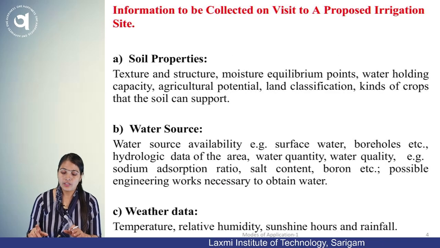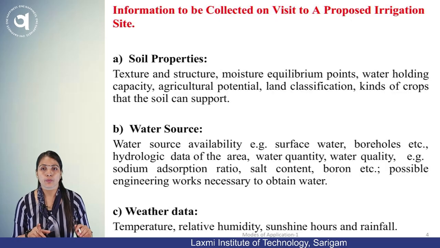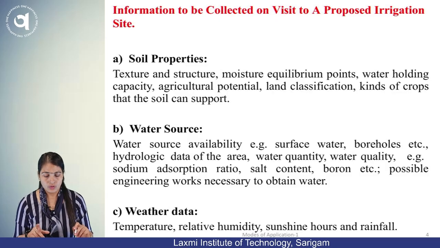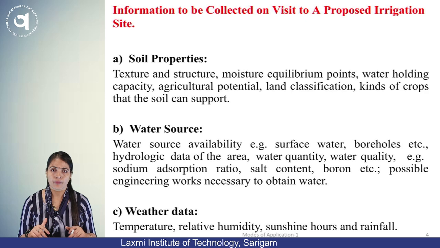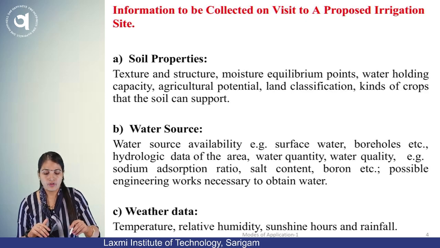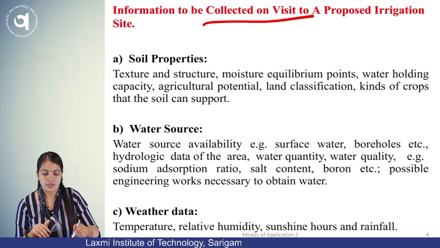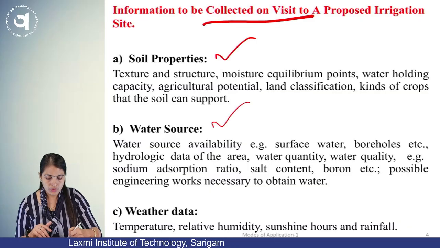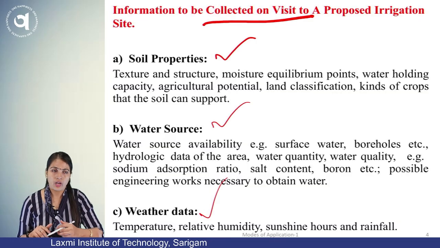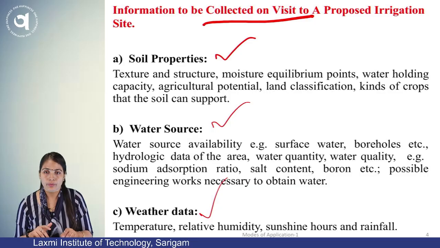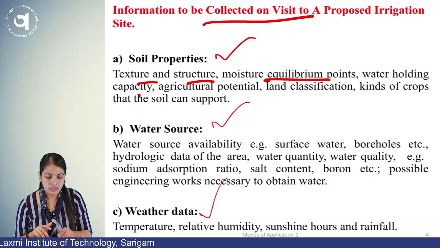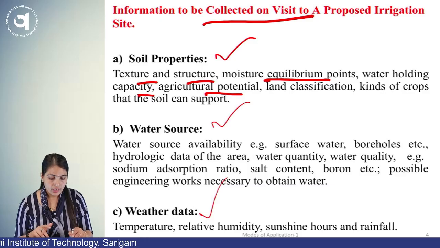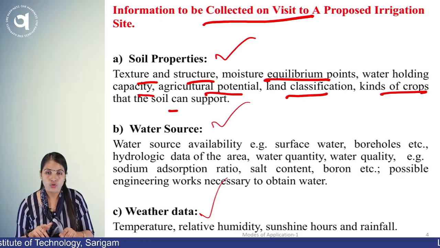Second is, what information is to be collected when visiting a proposed irrigation site. If you are going to the site to decide which irrigation method to adapt, then we have to collect information on soil properties, water sources and weather data. Earlier I explained the soil properties: texture and structure, moisture equilibrium points, water holding capacity, agricultural potential, and land classification, the kinds of crops the soil can support.